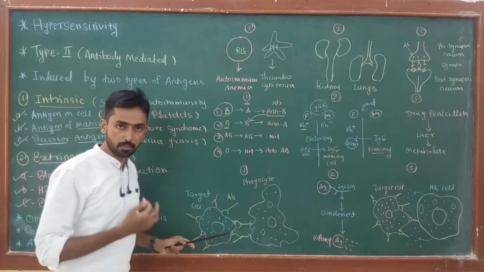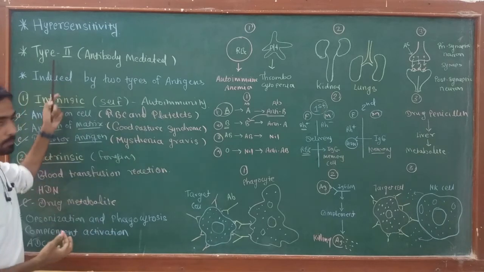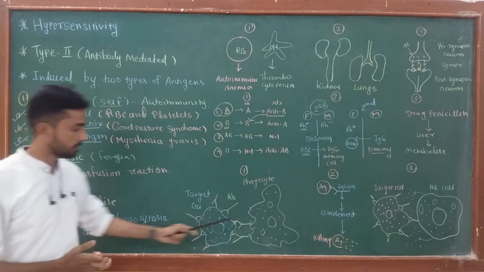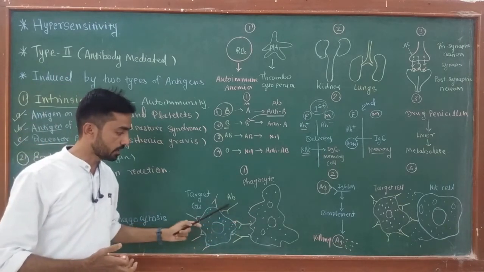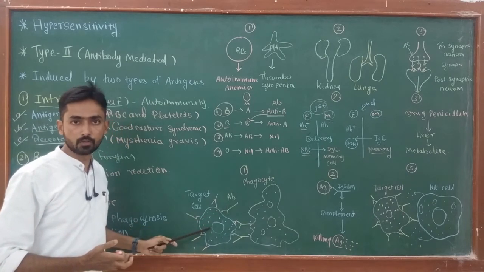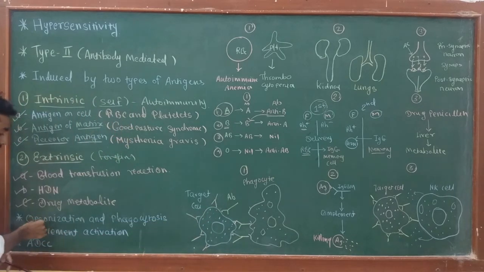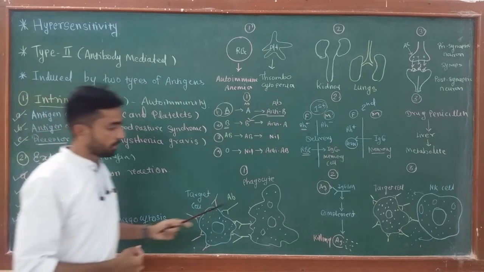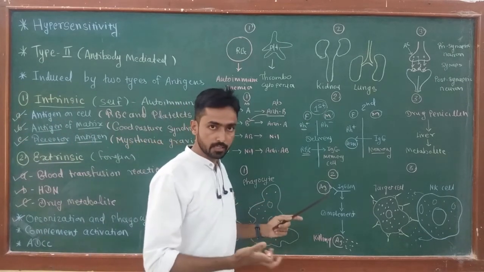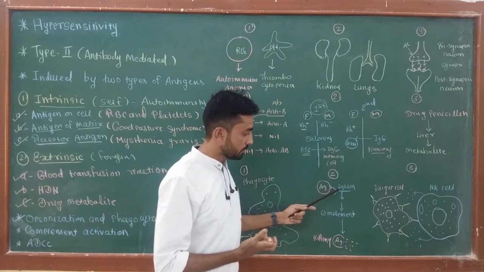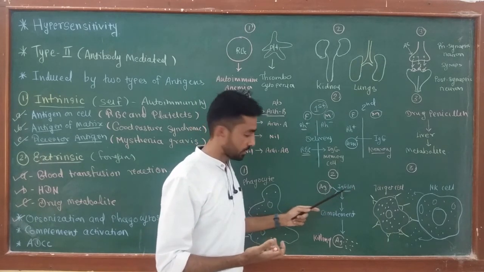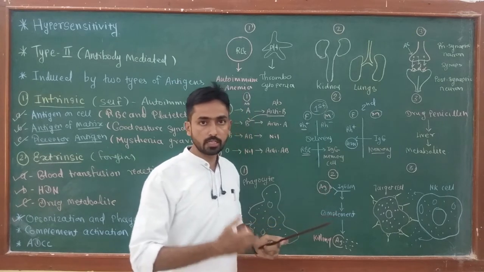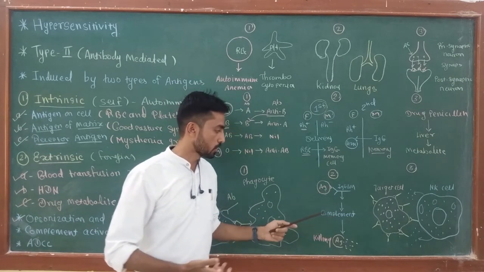This type of reaction mainly occurs in type 2 hypersensitivity, when immune cells use antibodies to kill target cells. This is called opsonization and phagocytosis. Then sometimes, when any self or non-self antigen is present in the body, an antibody like IgG or IgM gets attached to the antigen, which leads to initiation of the complement pathway.